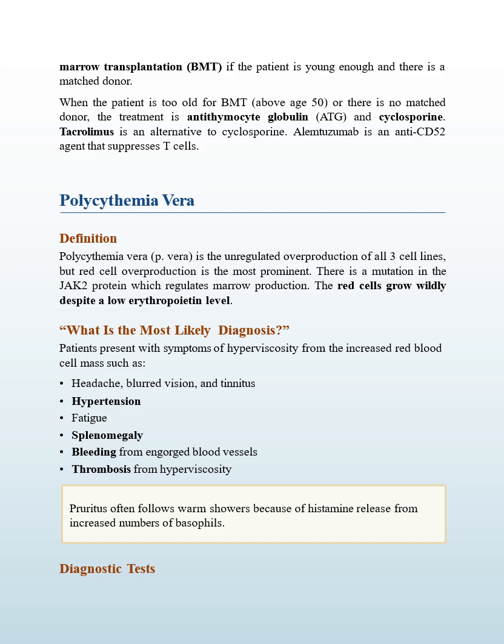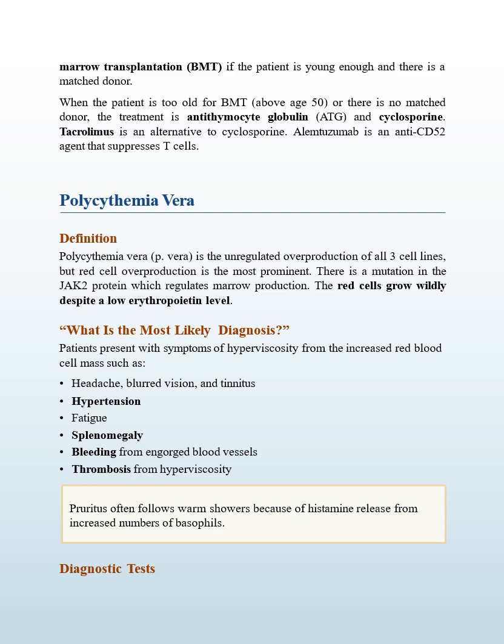What is the most likely diagnosis? The patient usually presents with symptoms of hyperviscosity, which means increased red blood cell mass, such as: 1. Headaches, blurry vision, and tinnitus. 2. Hypertension. 3. Fatigue. 4.